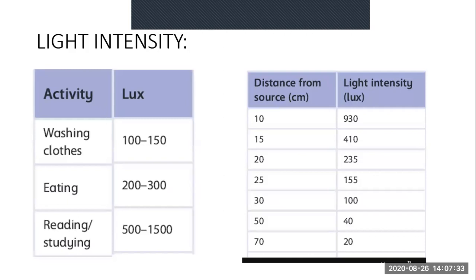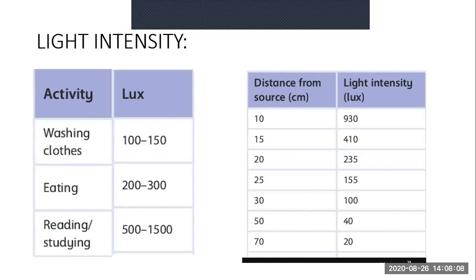Now let's talk about light intensity and distance. There is a table in your book that shows the distance from the light source and the light intensity. Let's observe it. If the distance is 10 centimeters, the light intensity is 930 lux. Lux, you know, is the unit of light intensity.